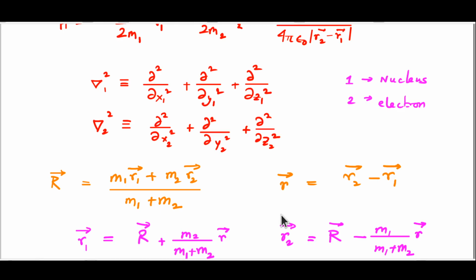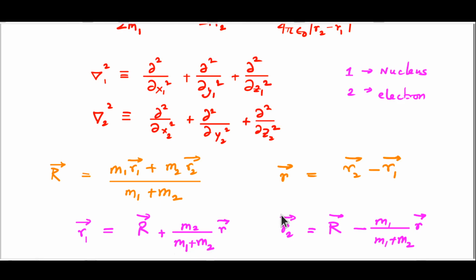I'm going to just show you how this goes for capital X and small x, that is the x components of the R vector and small r vector. The treatment for capital Y, capital Z, etc. are very similar, and there's no point in repeating the calculation all over again. You can easily see the pattern which is going to emerge.